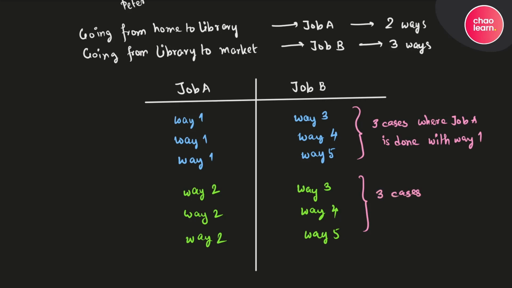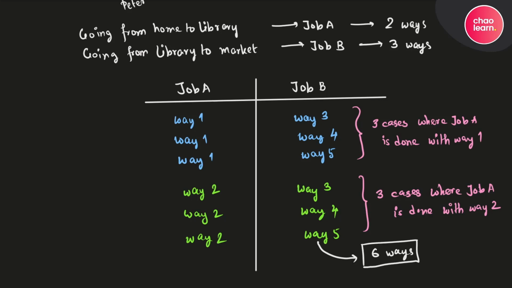So if you count the number of cases that arise of Peter reaching the market, you would find that there are a total of 6 ways that Peter could reach the market after returning a book to the library.